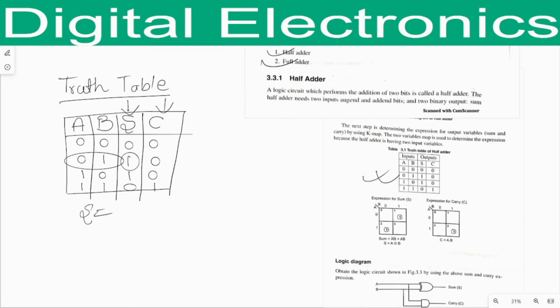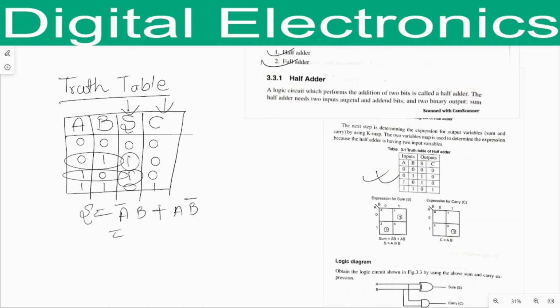Here 1 is given in the sum column, so its corresponding input combination is 0 1, that is A bar B. Now another one is there, so accordingly we get the second combination as 1 0, which we can write as AB bar.